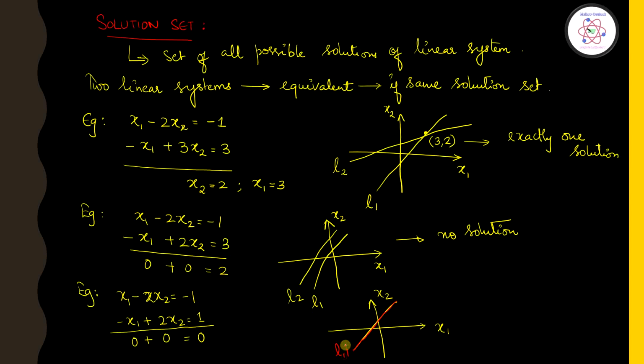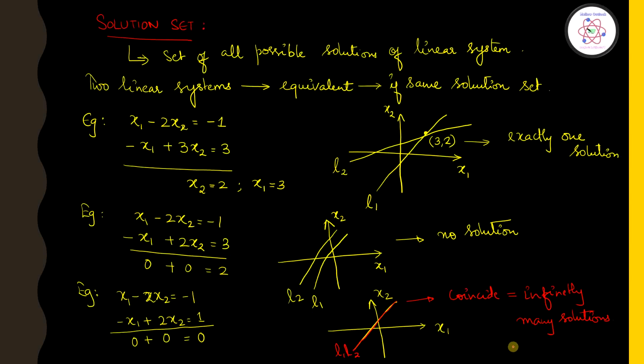L1 and L2 coincide, and that indicates that there are infinitely many solutions. So given a set of linear equations, we can have exactly one solution, no solutions, or infinitely many solutions.